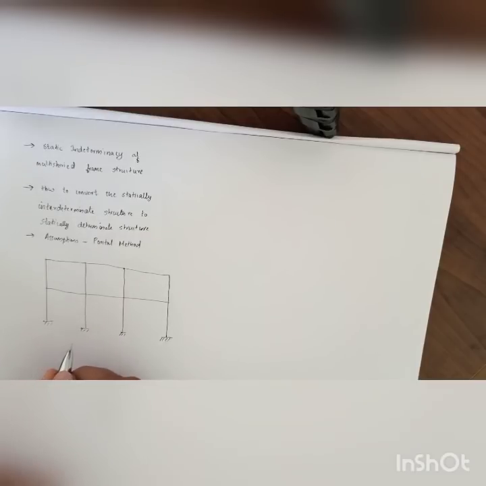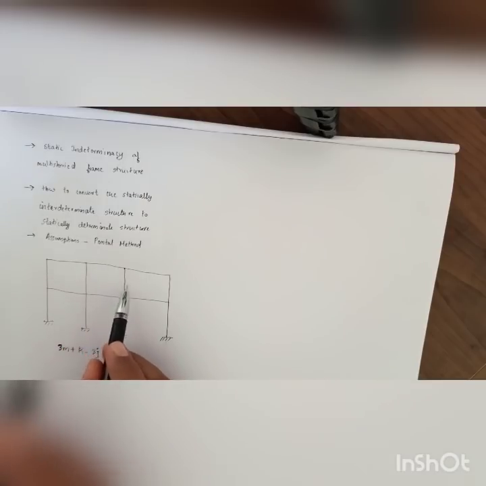So I am going to explain this equation. You remember, 3m plus r minus 3j is the equation to find the degree of indeterminacy. In this problem I can just count the members: 1, 2, 3, 4, 5, 6, 7, 8, 9, 10, 11, 12, 13, 14.